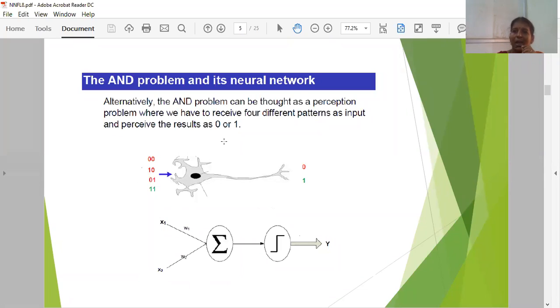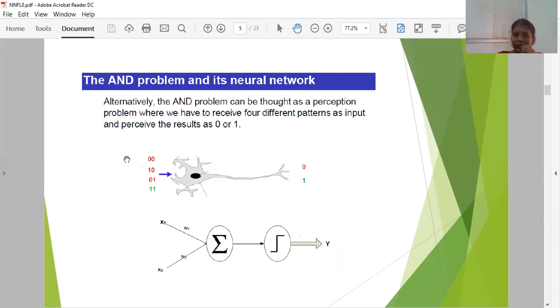Here we are considering the AND problem as a perceptron problem. Perceptron or neuron is one and the same. For an AND gate, we know there are four basic input patterns: 0 0, 0 1, 1 0, 1 1, and the result is either 0 or 1.